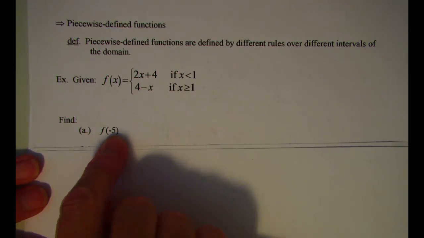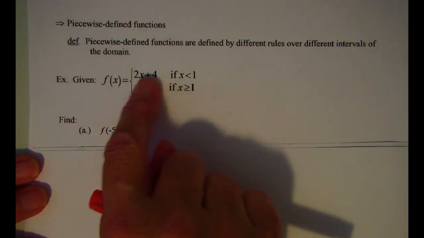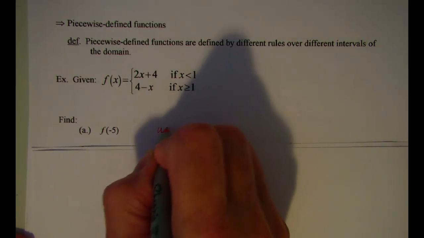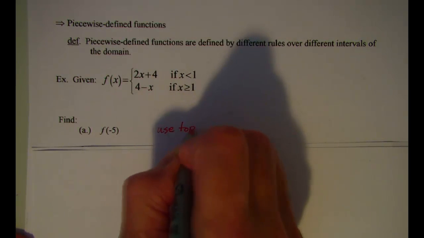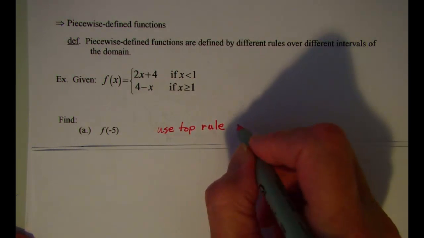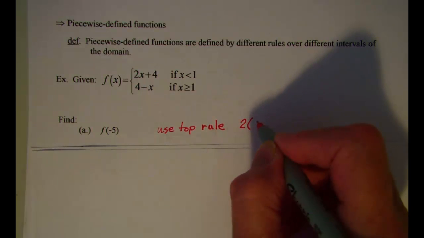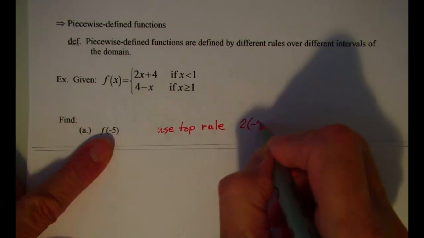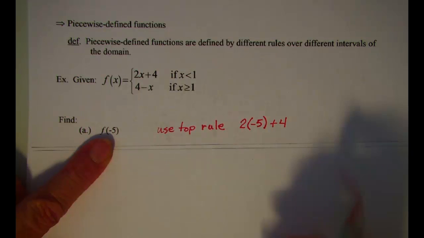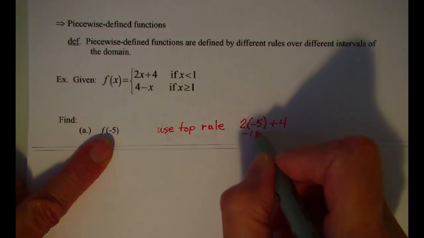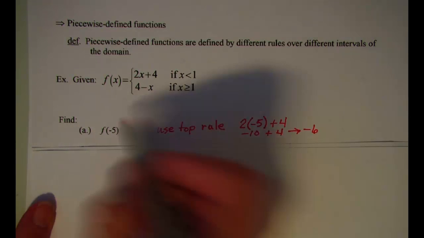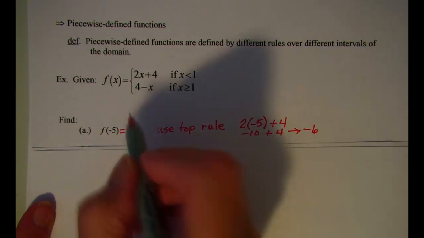If x is negative 5, that means that I'm going to have to use the first rule, or the top rule, and so I know then that 2 times negative 5 plus 4 is my y value. This is negative 10 plus 4, so negative 6. F of negative 5 equals negative 6.